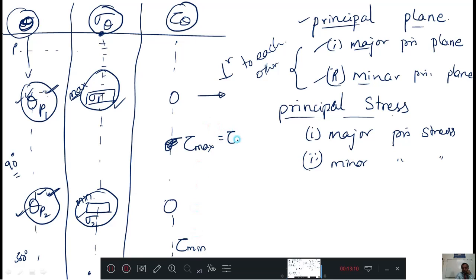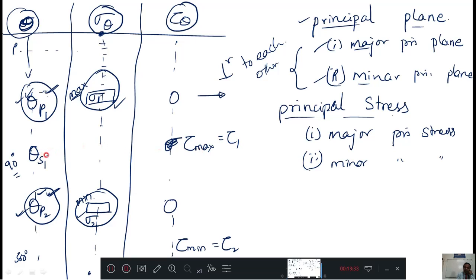This I will call tau 1, and this I will call tau 2. Very interestingly, where did I get this tau max? Tau max I got on a particular shear plane. This is called a shear plane.